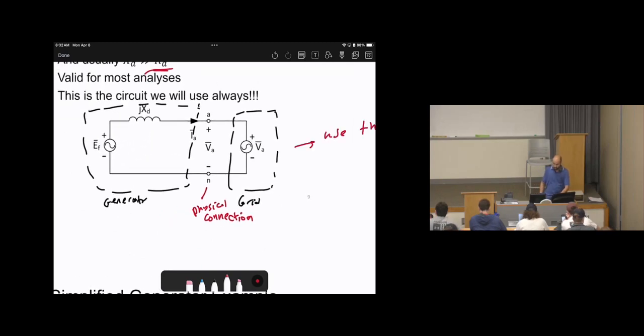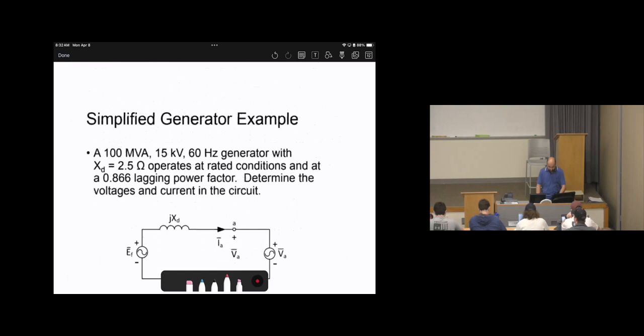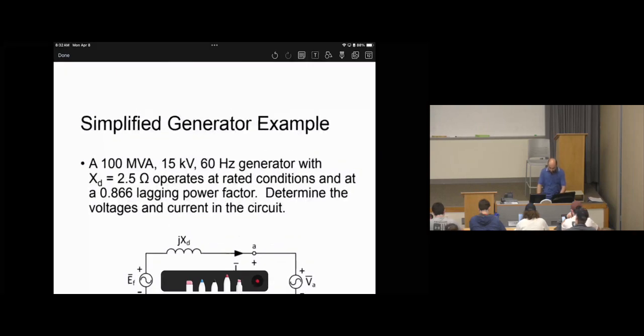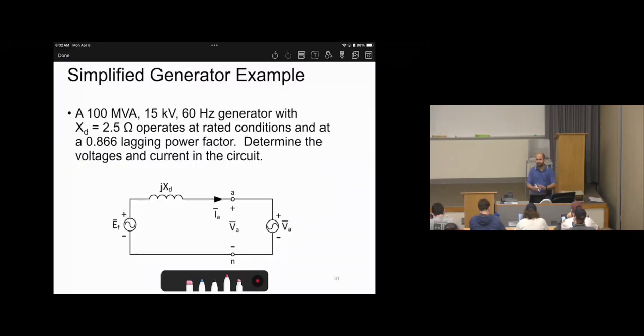Now, how will the question of the generators be? Basically, when you deal with any generators, you will draw the equivalent circuit, then solve it based on the equivalent circuit. That's it. Let's look at this example. Most likely, the equivalent circuit will not be given to you.